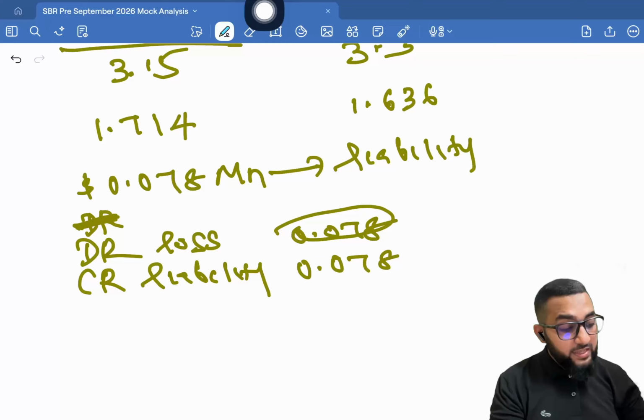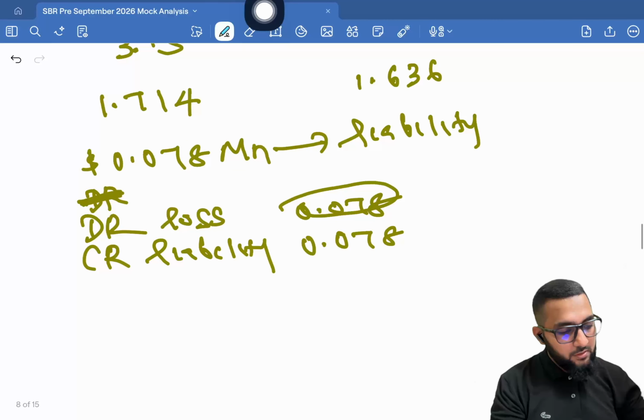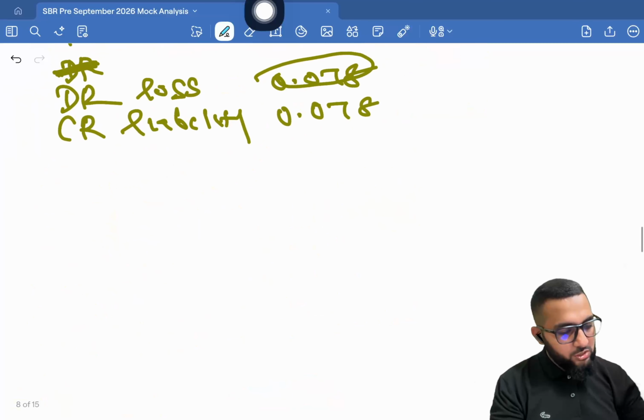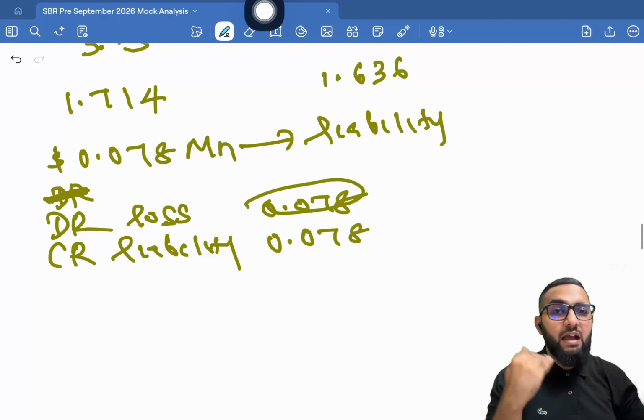There is a gain here of 0.04, and here there is a loss of 0.078. Now, what is the net loss? Although there was a gain of 0.04, the loss of 0.078 is higher than the gain of 0.04.